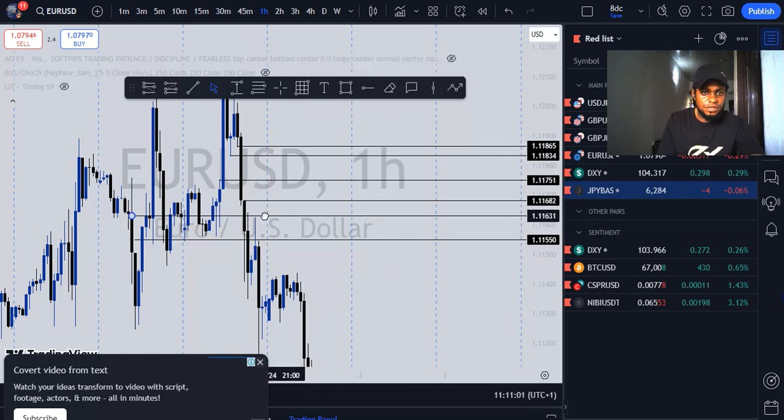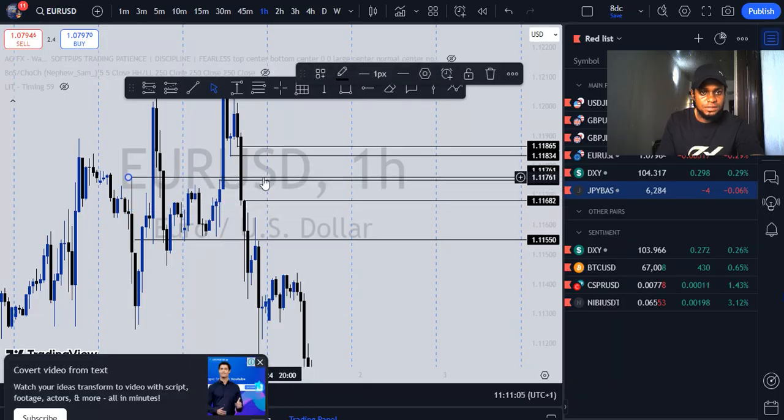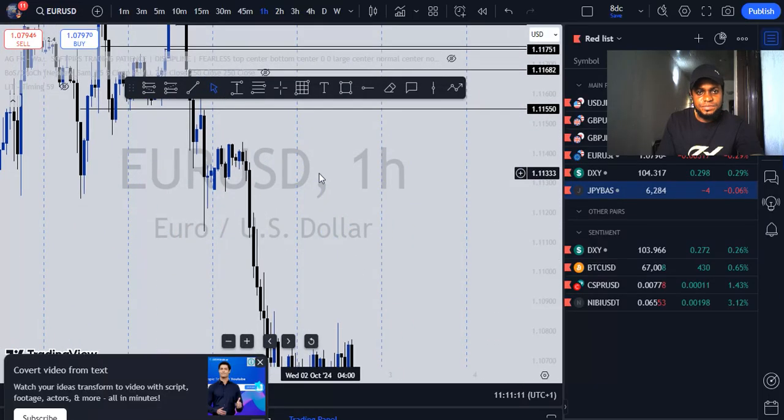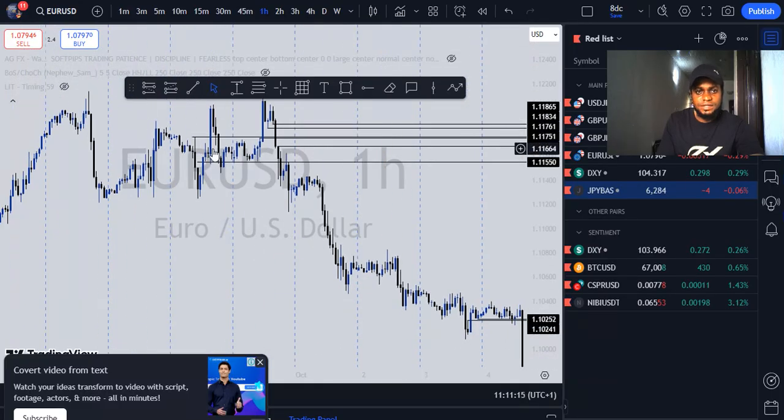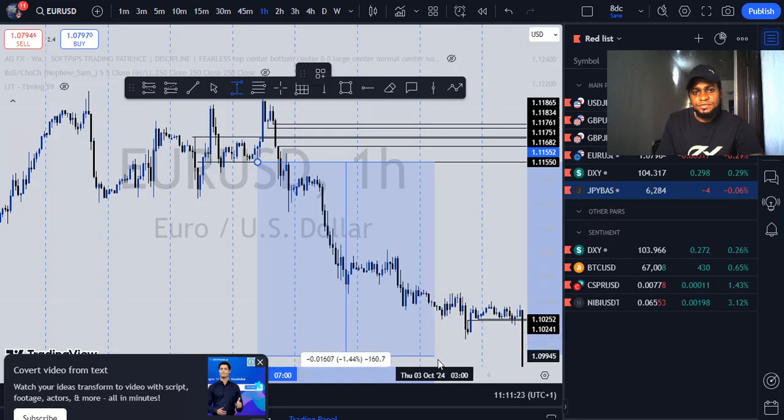Then your SL is a little bit high. It's very high, so I won't be taking something like this. It's high for me. Price really traded down after that, but this SL is high. But let me check how many pips the SL is. It's 20 pips. It's not that high, 20 pips for more than 100 and something pips.